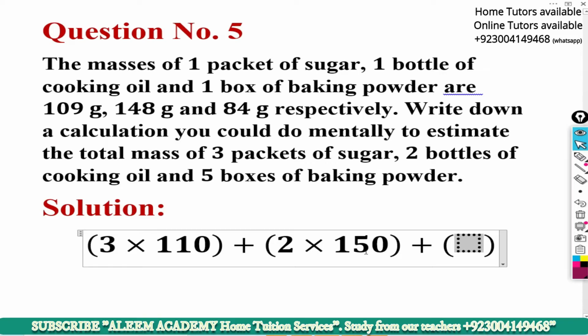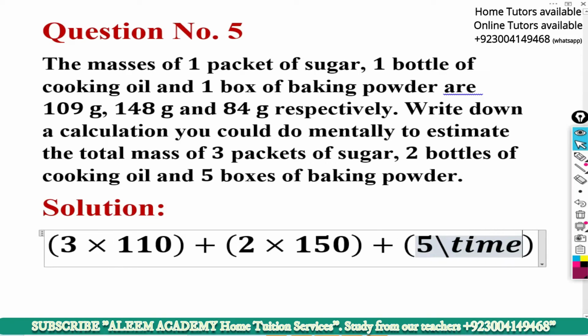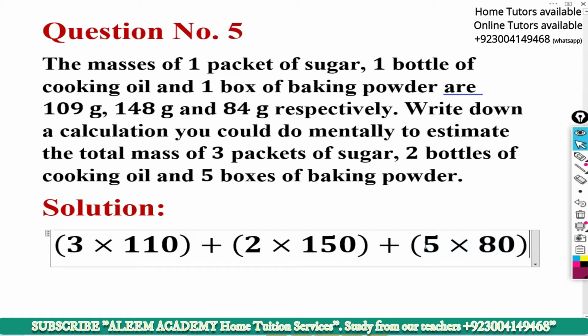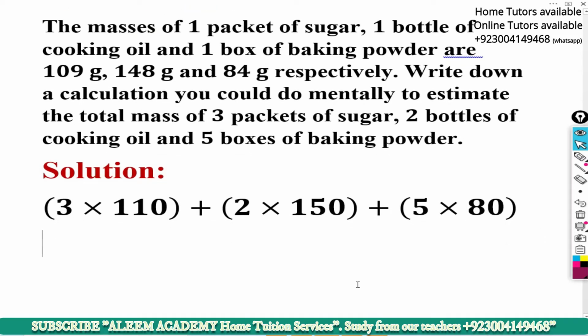the third is 5 boxes of baking powder. 1 box of baking powder has mass 84 gram. So 5 boxes of baking powder can be estimated as 80. So 5 multiply 80. Alright, so this is the calculation that we can do mentally.